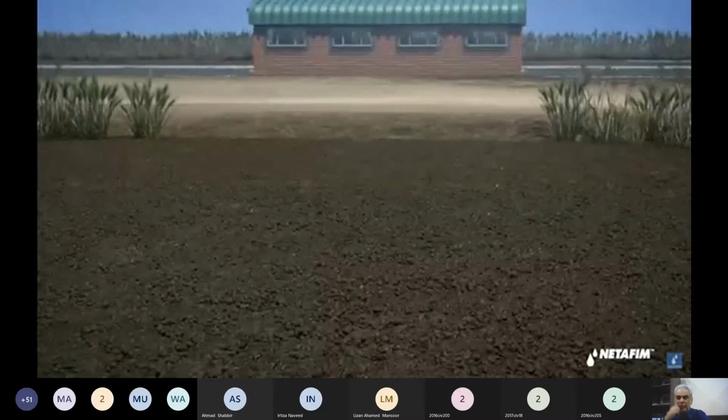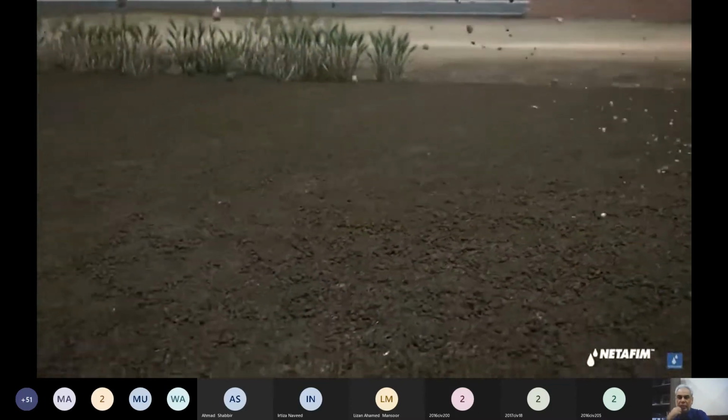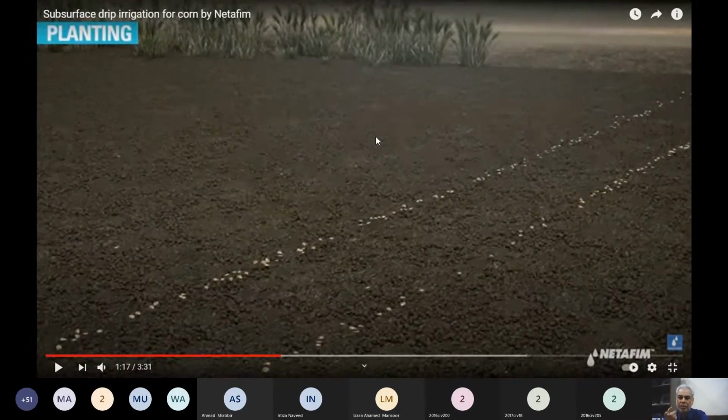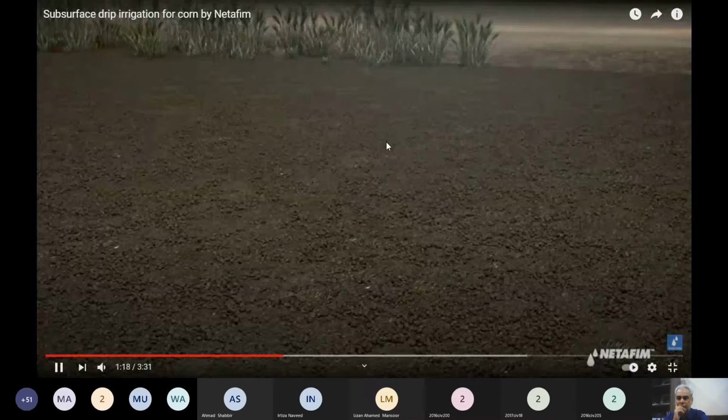Then they are cultivating maize crops in rows. They are showing that they are putting the seed.